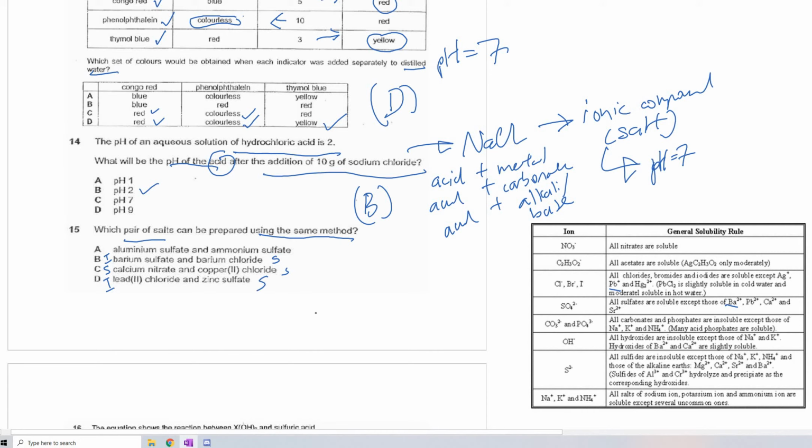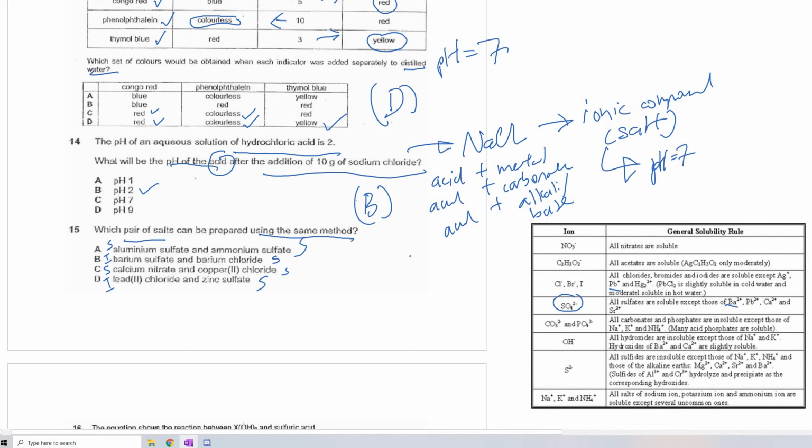Alright. How about option A? Aluminium sulfate. Aluminium is not shown over here, so it must be soluble. Similarly, for ammonium sulfate, it is not present in here, so it must be soluble.